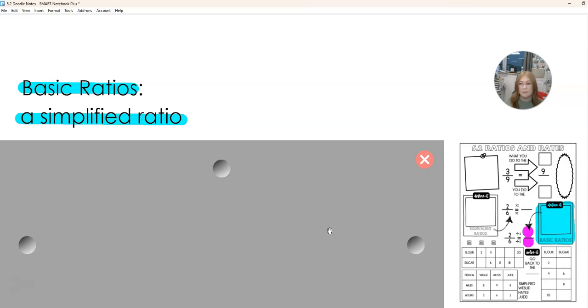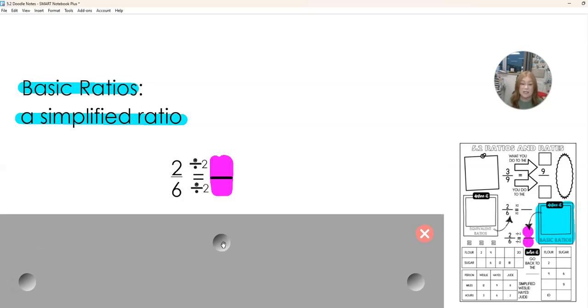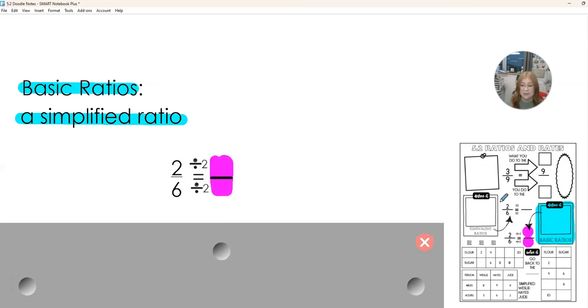We can also make basic ratios, and this is another word for a simplified ratio. When we simplify, we want to divide by the GCF, the greatest common factor. So we have 2/6, the same fraction, but this time we're going to simplify it. The GCF of 2 and 6 is 2. They can both be divided by 2. So 2 divided by 2 is 1, and 6 divided by 2 is 3.